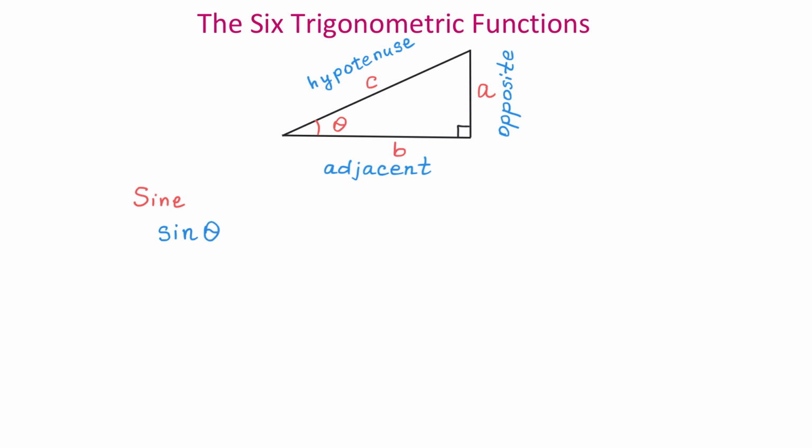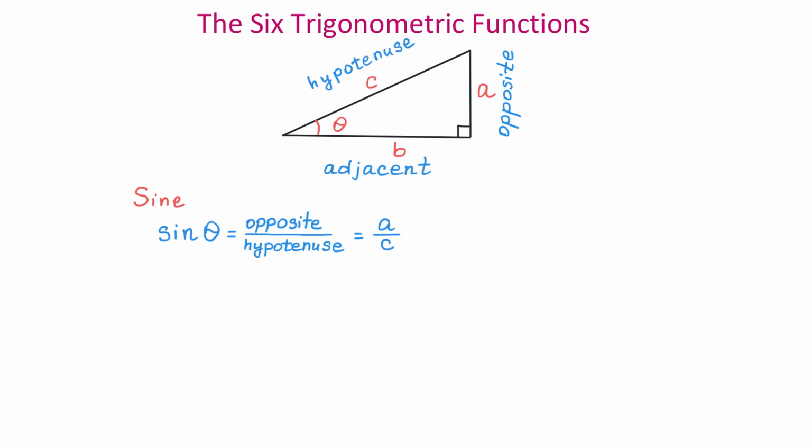And we read this sine of theta. Now to find the value of sine of theta, in this right triangle we have to divide the opposite side by the hypotenuse. So we can write that sine of theta is the opposite side divided by hypotenuse. And in this right triangle, that is A divided by C.